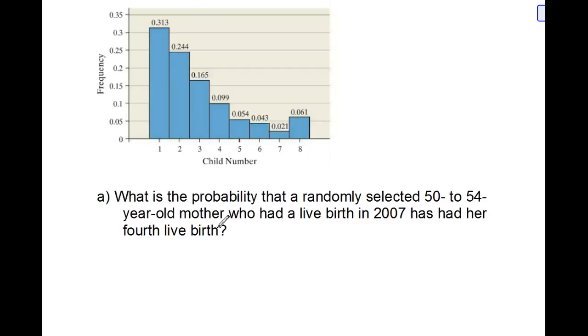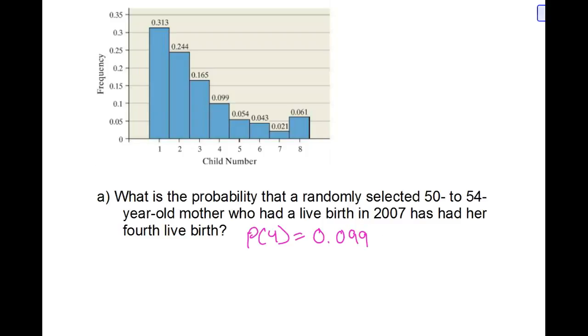And we want to know the probability that it's the fourth live birth. That is going to be right here, just this one. So the probability that it's the fourth live birth is strictly going to be 0.099.